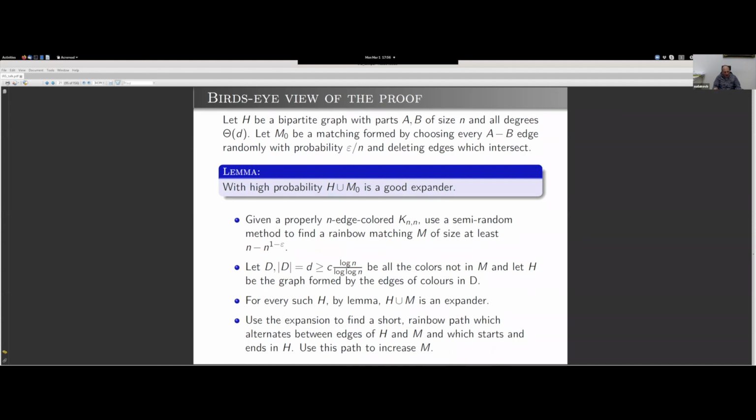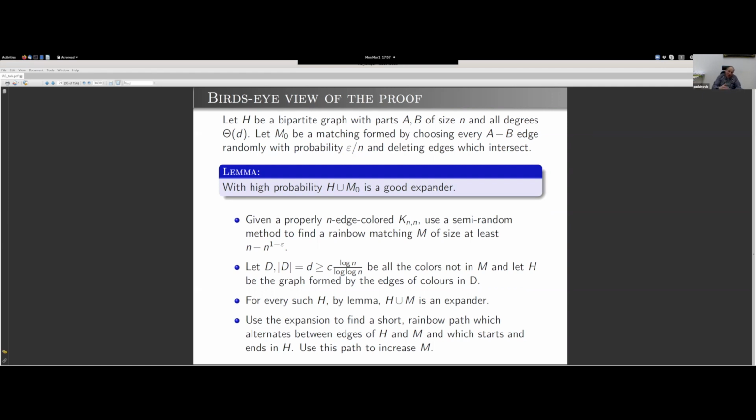I only say that large sets expand pretty well to bigger sets. Because imagine if you had a union of C4s and you add to it some random edges with probability epsilon over n, there would be plenty of isolated C4s in your graph, and you would not connect them. If your d is small, then you will have only a small chunk of your graph which would be a reasonable expander.